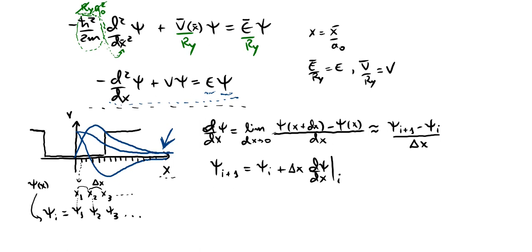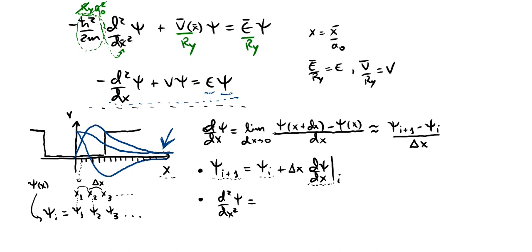This is the definition of the derivative, and I can find psi at the next point using the previous point and the derivative at that previous point, right? But the problem is that I don't know the derivative everywhere. This is where the equation enters. So this is one thing that you have to be able to solve, and the other one is Schrödinger's equation itself. I can rewrite Schrödinger's equation this way.